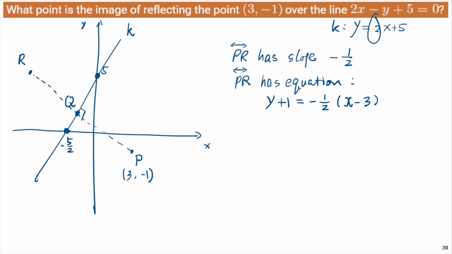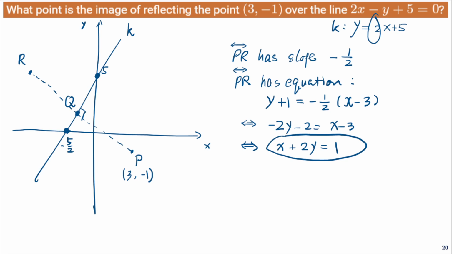So we can rearrange this by multiplying both sides by -2. And this gives us x plus 2y equals 1, right? So this is the equation of line PR.